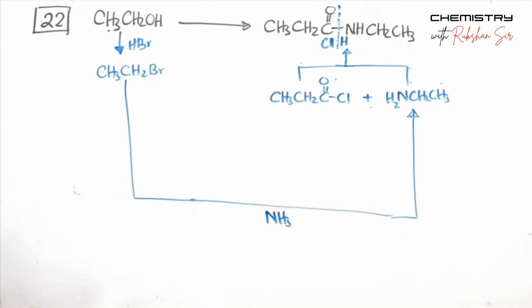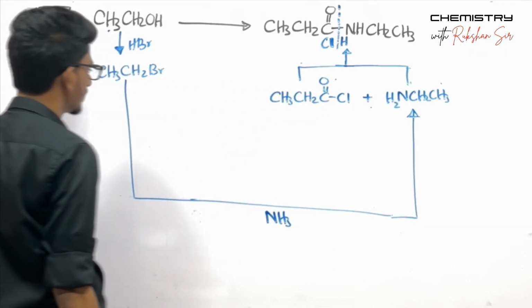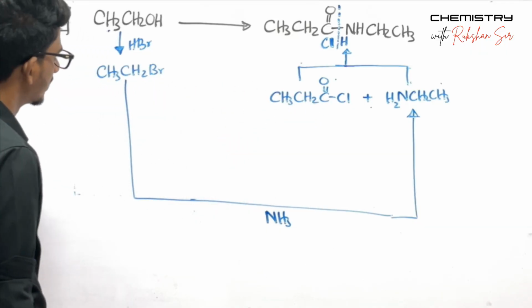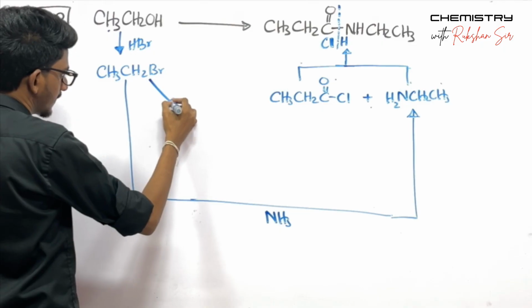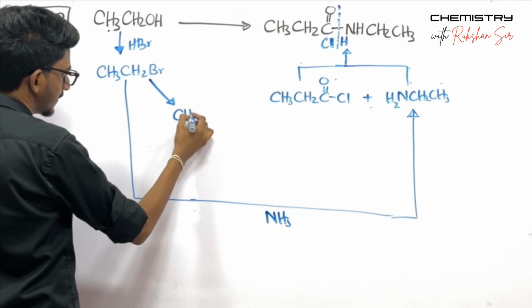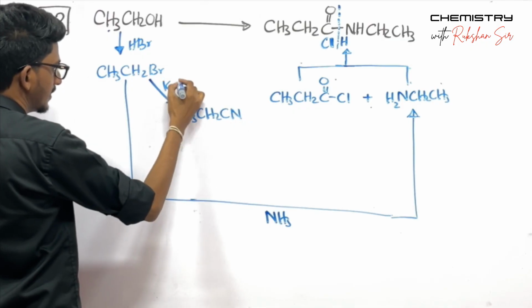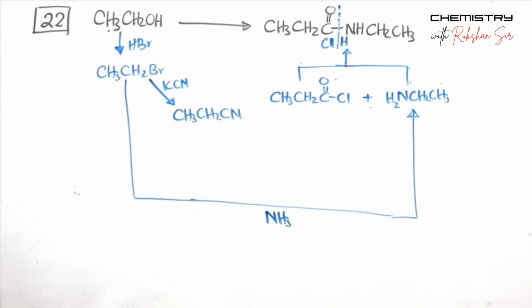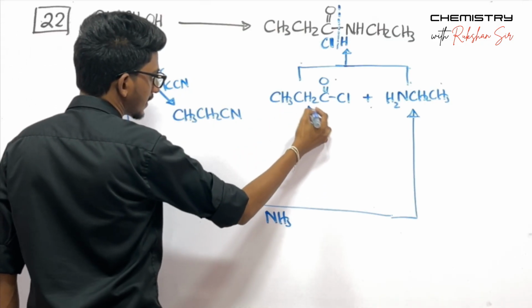Right? Now we need to convert these 2 carbons into a 3-carbon compound, so that can be done by the cyanide method. So you can take from here, right, by the KCN. So it can be converted to carboxylic acids, which is needed here, right?